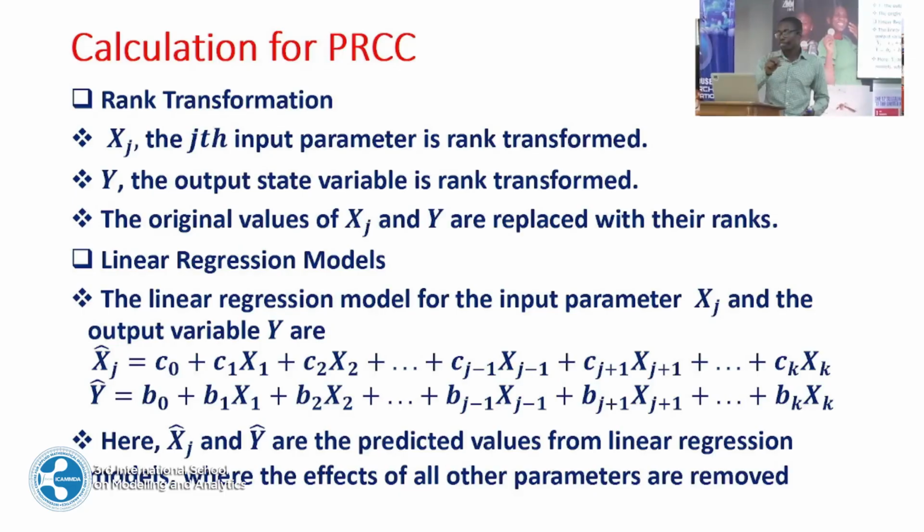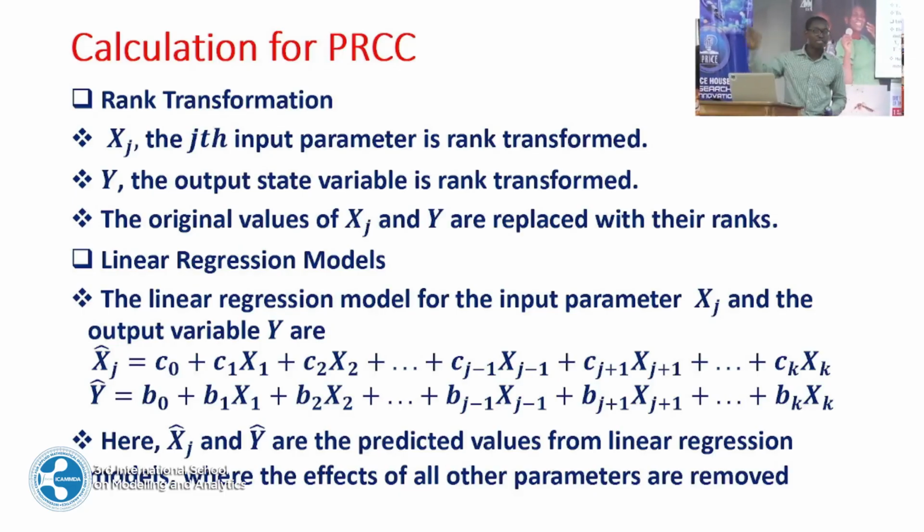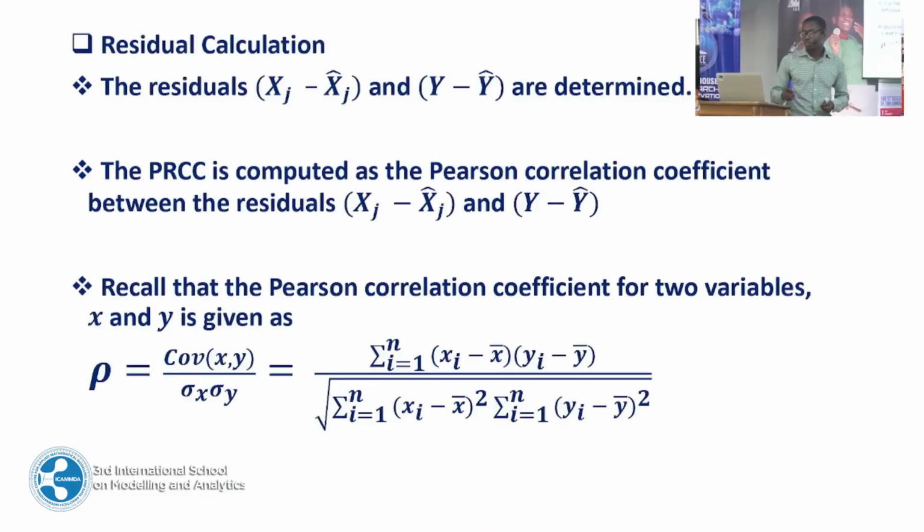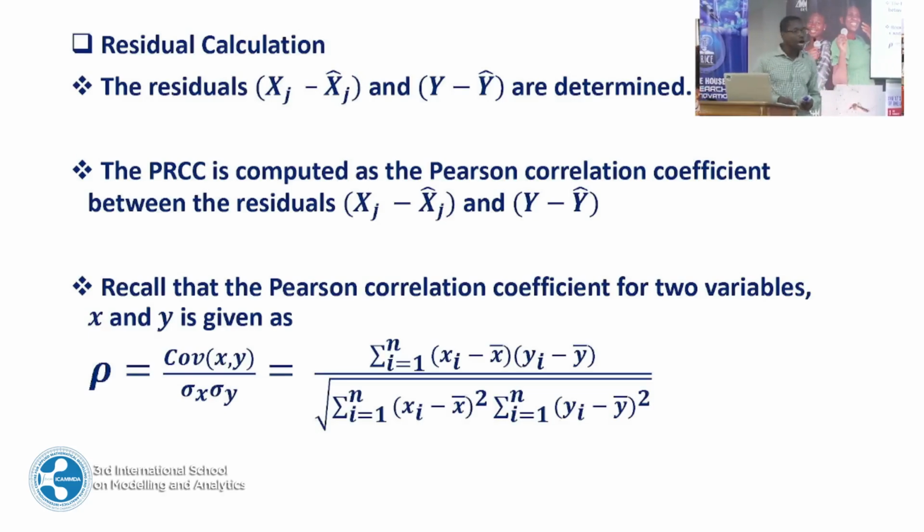So I do a linear regression model to help me remove the effect of those other parameters, because I want only what? Beta and R naught. So it removes the effect of those other parameters. And then we now calculate the residual. The residuals, XJ minus XJ cap, which is the predicted values that we got from our linear regression, and also do the same for your output model. Those two, you determine that.